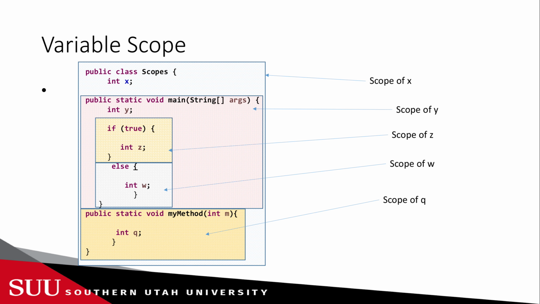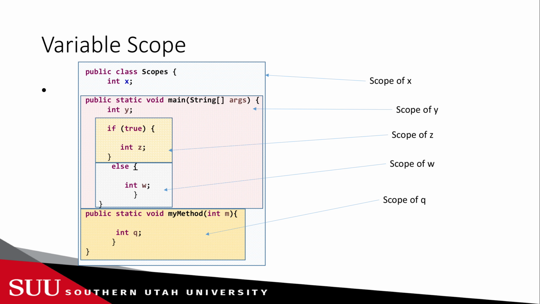The same thing goes for m. m is only going to be accessible within myMethod. If we look back at the if statement, w is accessible only to the else part and z is accessible only to the if part. This tells us that in order to access a variable from a different location, I have to keep the variable and the block of code in the same scope.